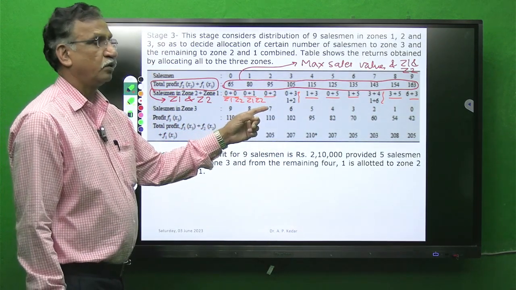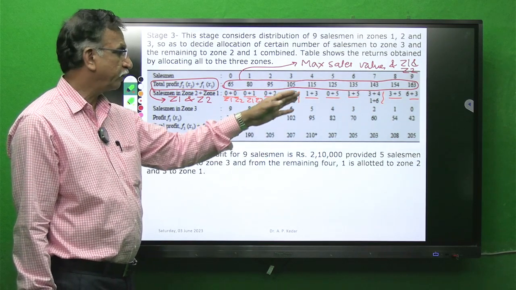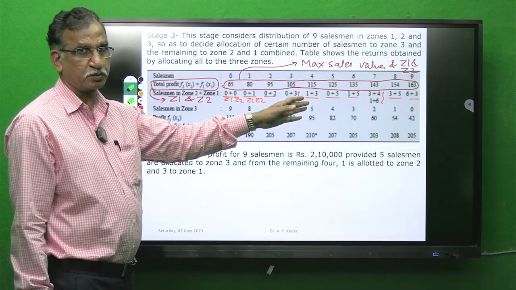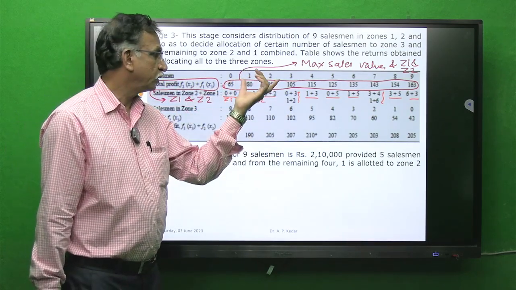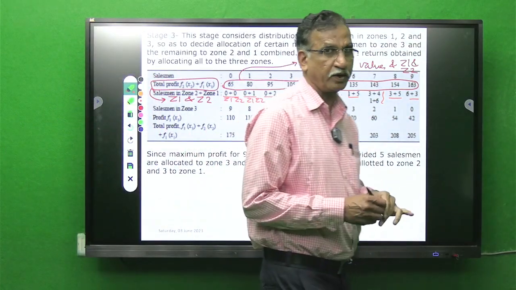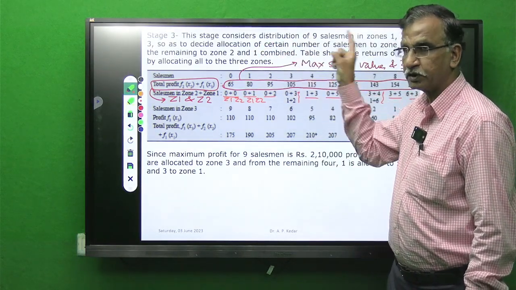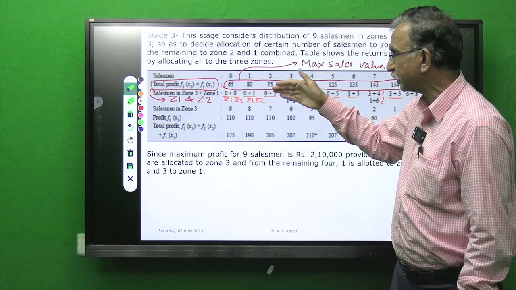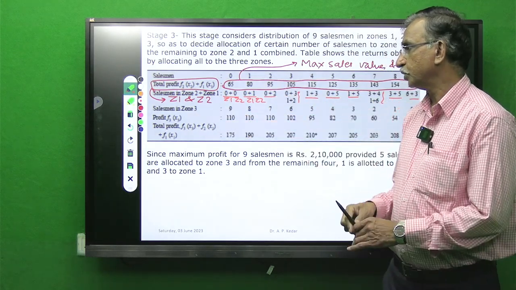So from the previous table we know how we have identified whether he is from Z1 or Z2. So this is the solution obtained from zone 1 and zone 2. Now we will check its possibility with zone 3.